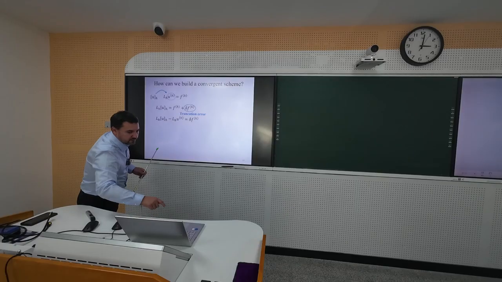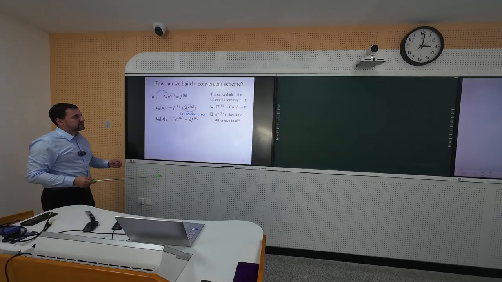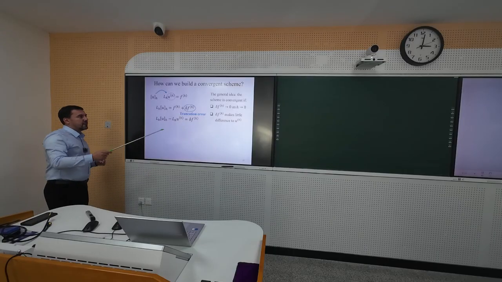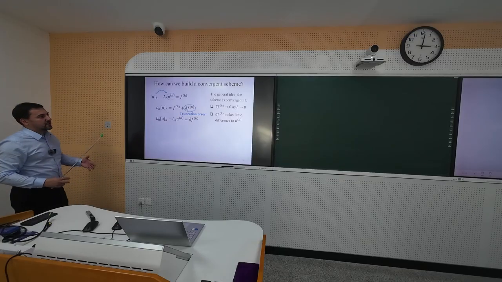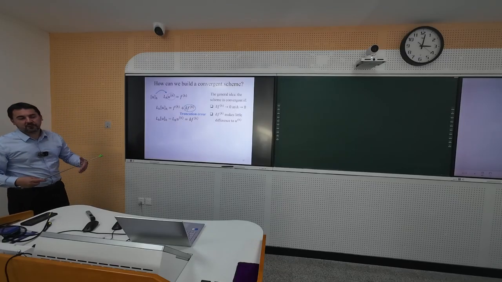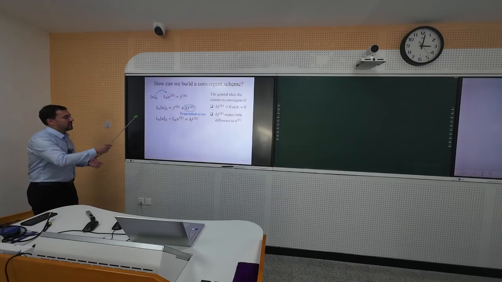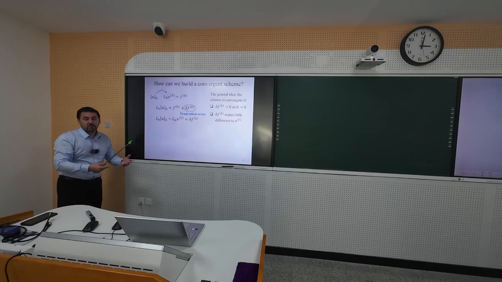So the general idea: the scheme is convergent if, first, delta F goes to 0 as h goes to 0. So the scheme is convergent if this truncation error goes to 0 as h goes to 0. So when we put the exact solution into our numerical scheme, the truncation error should be small, right?